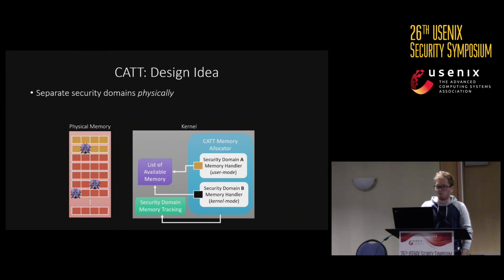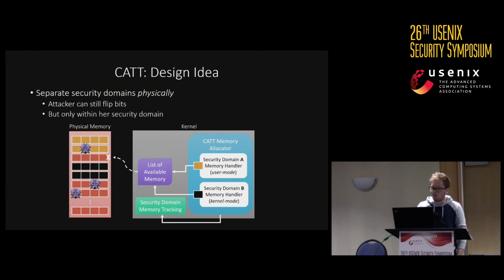And if the second domain now makes a request, the allocator leaves a blank space, like a buffer space between the two areas, such that they cannot physically interfere. And it's important to note that this strategy does not prevent bit flips. So you will still see bit flips, but the adversary cannot flip bits in a security domain other than herself.